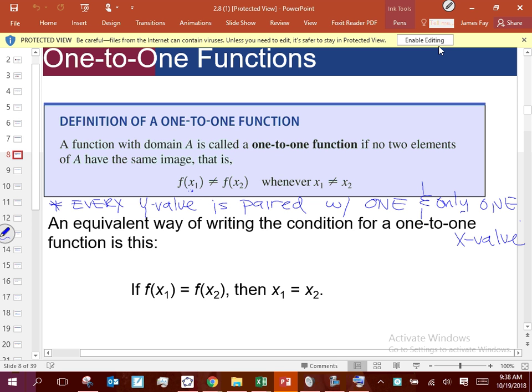Every y value is paired with one and only one x value. That's what it means to be one-to-one.